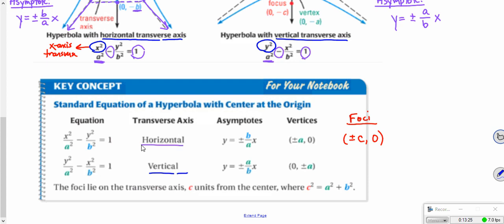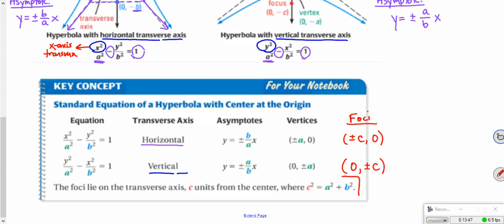And then, of course, your foci for this one: I kind of think of transverse as your major axis, if you will, but your transverse axis is on the y-axis. So your foci are on the y-axis as well. So that's going to be 0 plus or minus c.